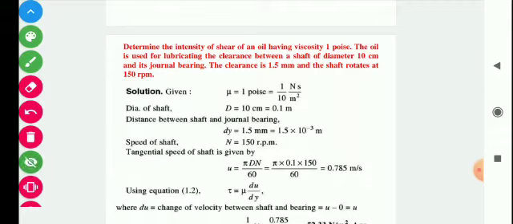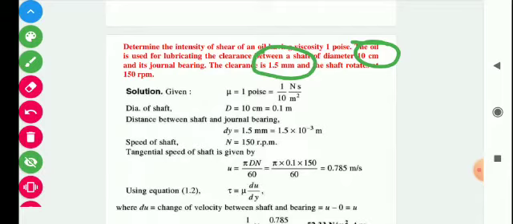So the viscosity is given, 1 poise. The diameter of the shaft is 10 centimeter, the clearance is 1.5 mm, and the speed is given.